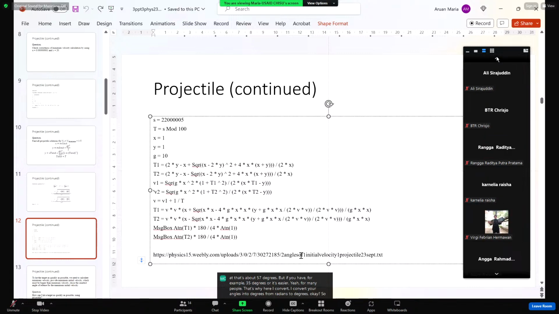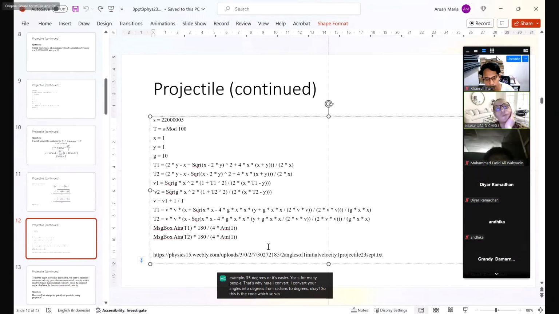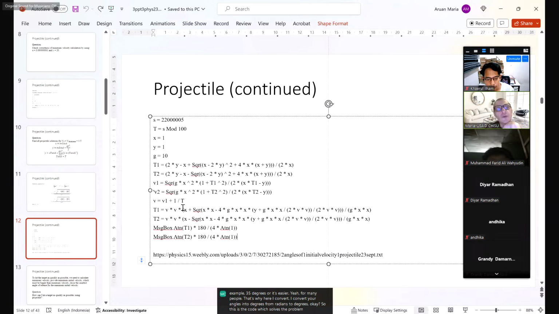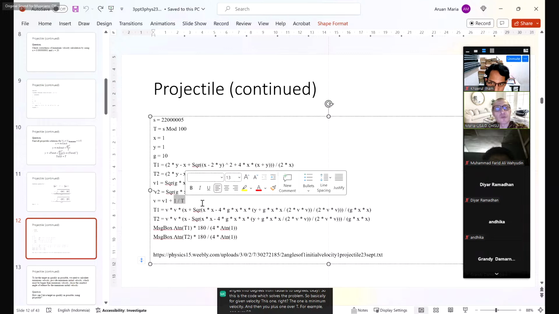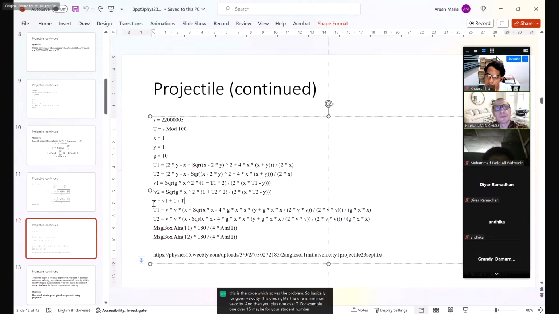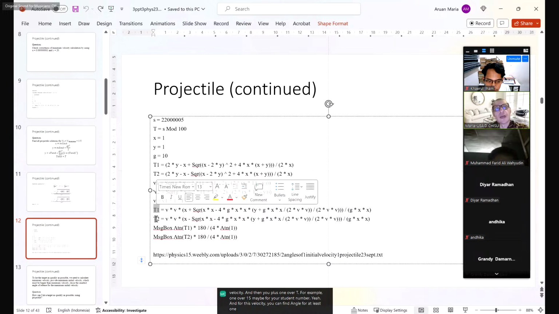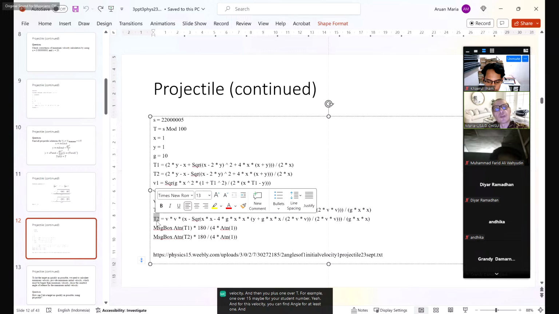So this is the code which solves the problem. So basically, for given velocity, this one, V1 is minimum velocity. And then you add 1 over t. For example, 1 over 15 maybe for your student number. And for this velocity, you can find angle of release T1 and angle of release T2.